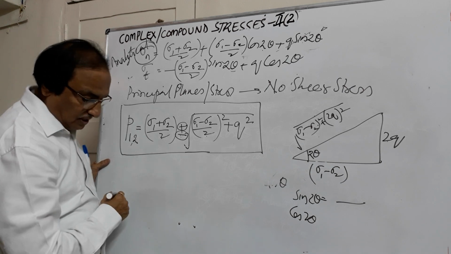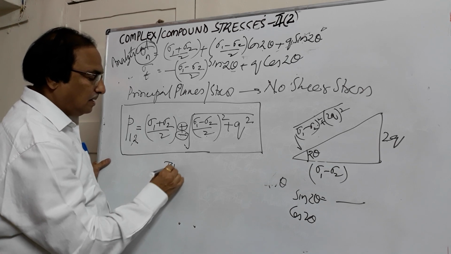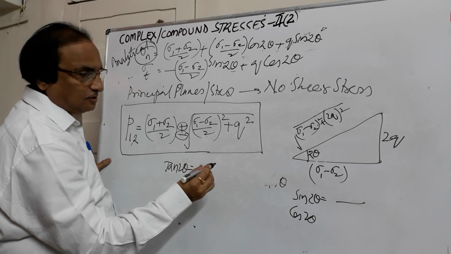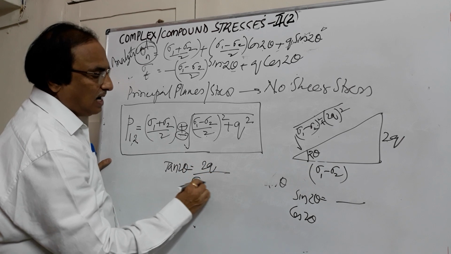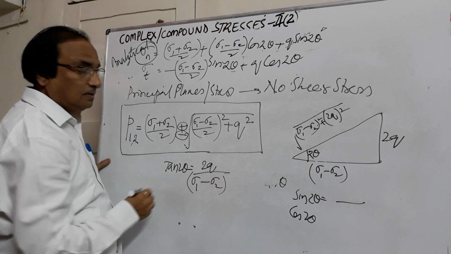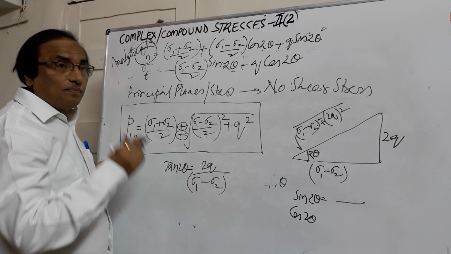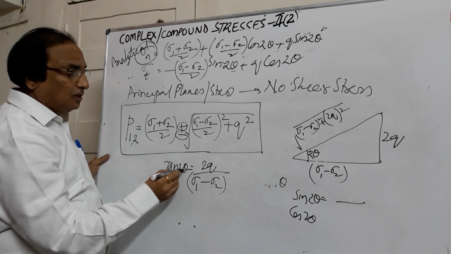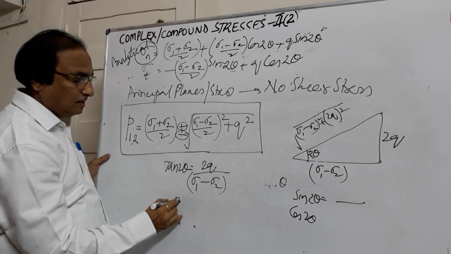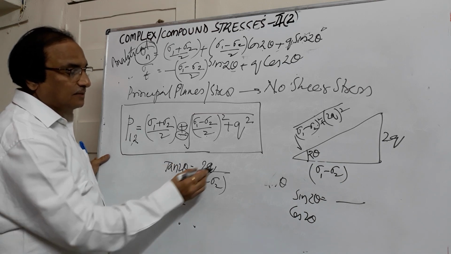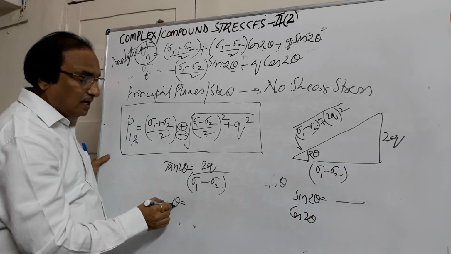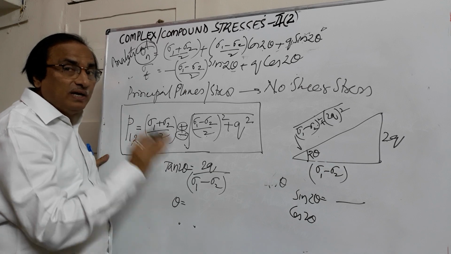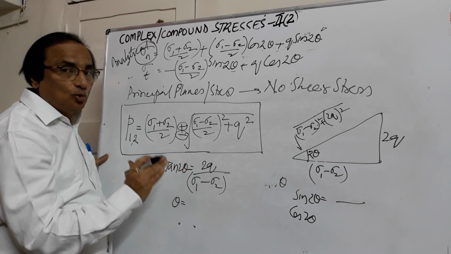We need the principal plane. Just now we have seen tan 2 theta is equal to 2q divided by sigma 1 minus sigma 2. So the plane where the shear stress will be 0, you locate this angle theta by substituting the values depending upon the sign convention. You get the angle where the principal planes are, where there are no shear stresses.